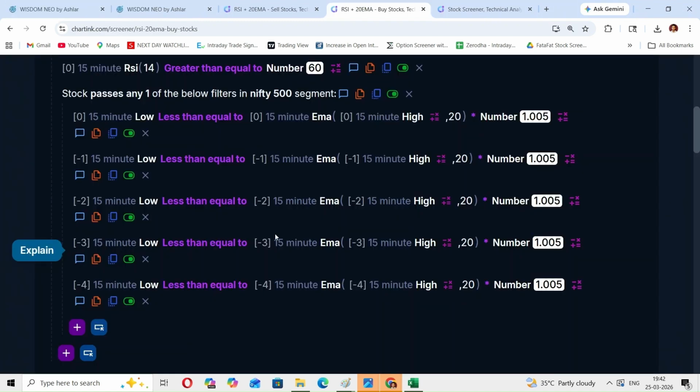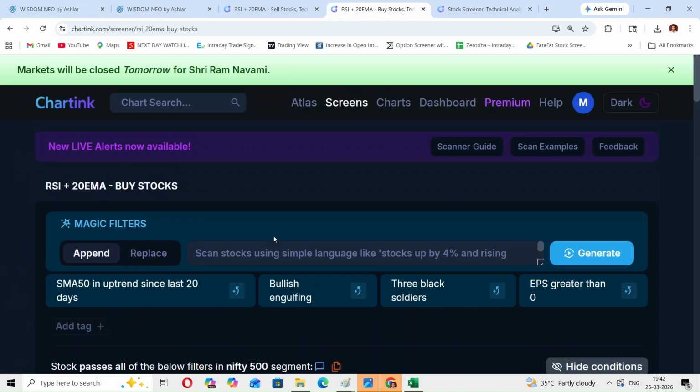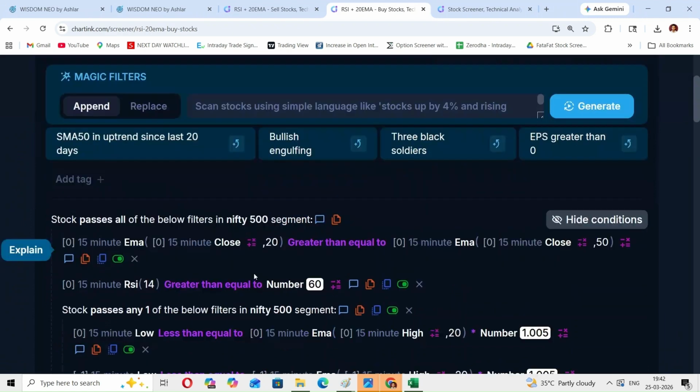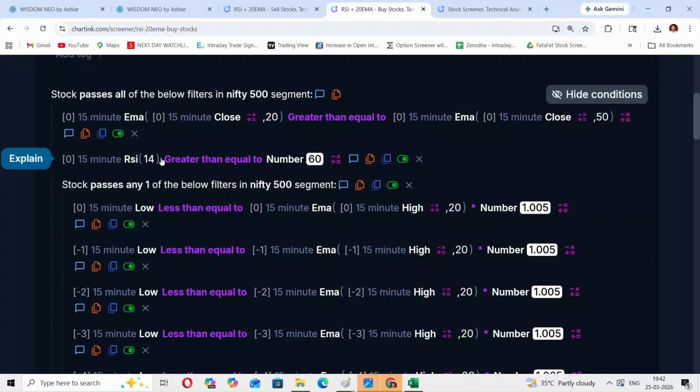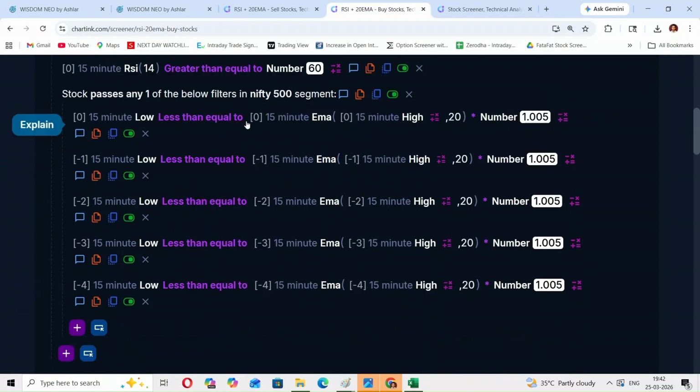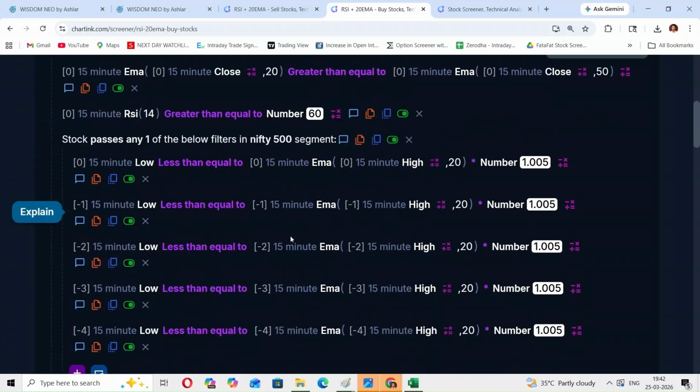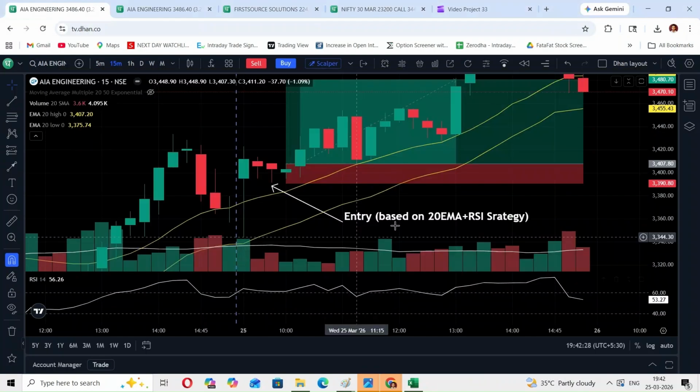Okay, so these are the conditions for this RSI plus EMA buy scan. 20 EMA should be above 50 EMA, so all stocks will be in an uptrend. RSI value should be above 60, so the stock is in momentum, and the stock must also be near the 20 EMA channel.